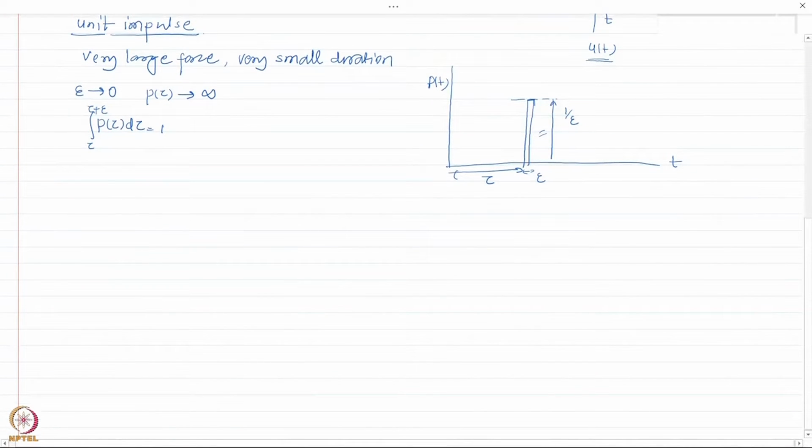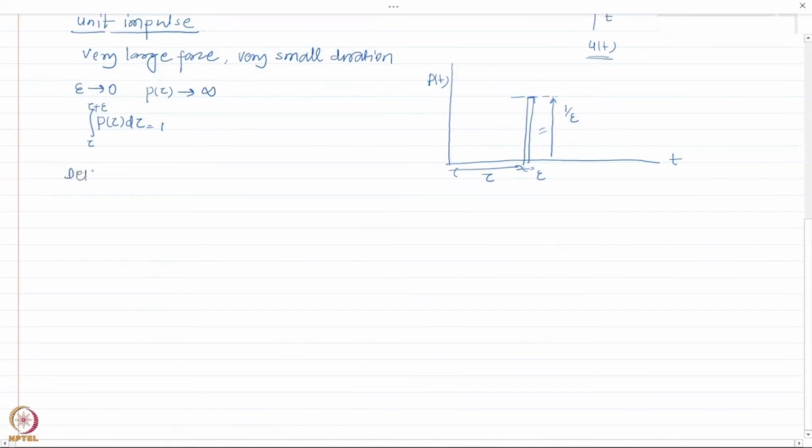Now mathematically this kind of function can be represented using something called the Dirac delta function. If you have come across this function previously, it says that delta x is equal to 1 when its argument is equal to 0, and it is 0 everywhere else, for x not equal to 0.